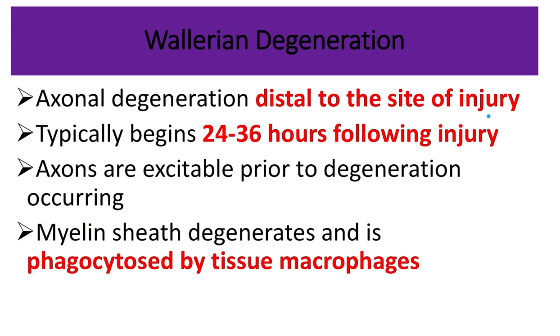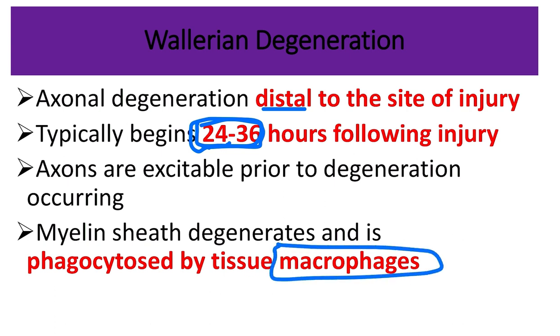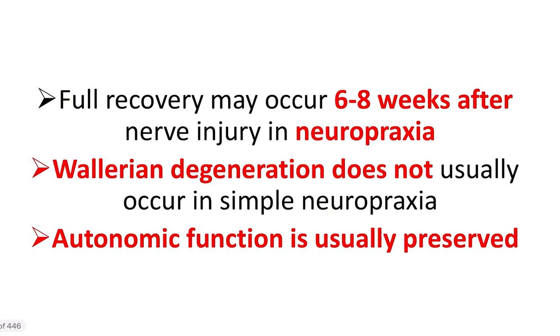Axonal degeneration distal to the site of the injury typically begins 24 to 36 hours after injury. The axon remains excitable before the degeneration occurs. The myelin sheath degenerates and is phagocytosed by the macrophage, and full recovery may occur 6 to 8 weeks after the nerve injury.